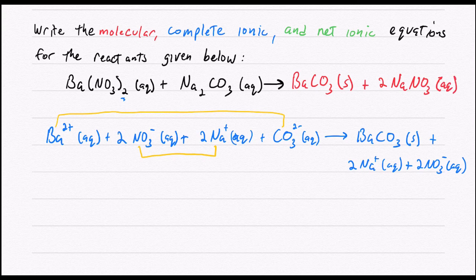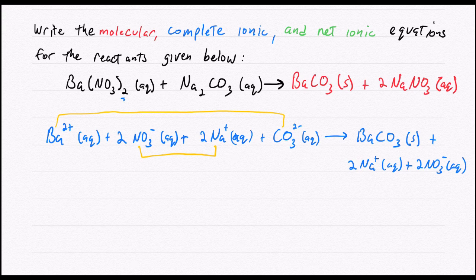Okay, so now we've got our complete ionic in the blue and our molecular equation in the black and the red there. Now the last thing we want to do is our net ionic equation, and in order to do a net ionic equation, what we want to do is look at our complete ionic and cross out anything that shows up in both the products and the reactants.